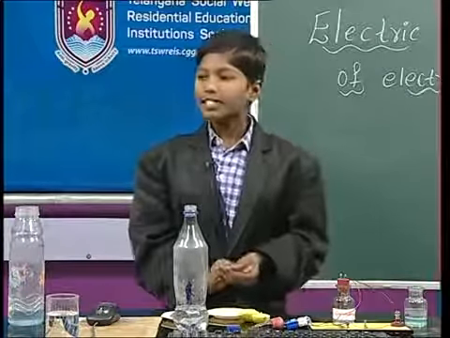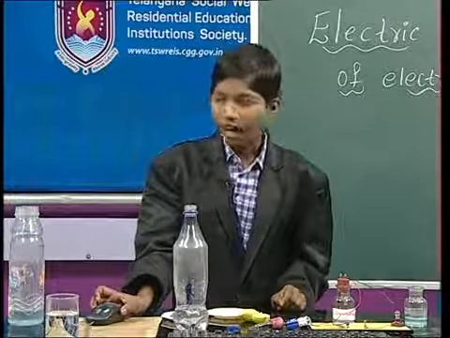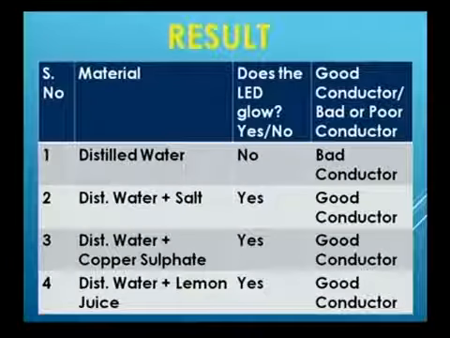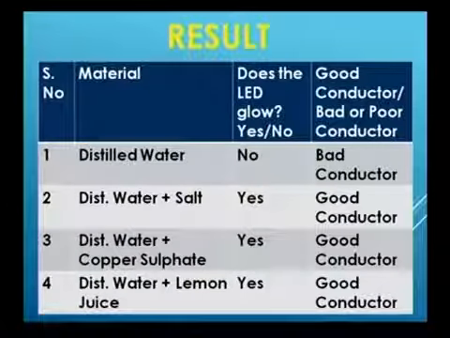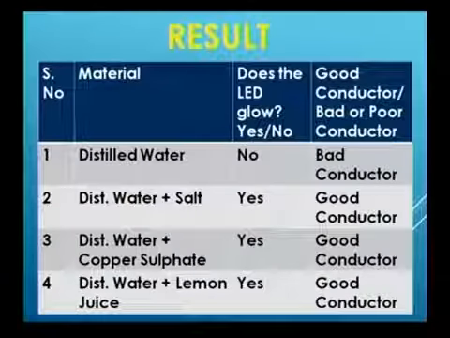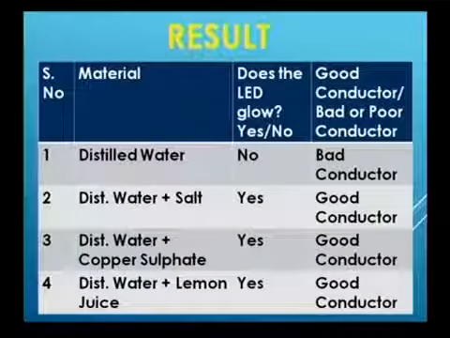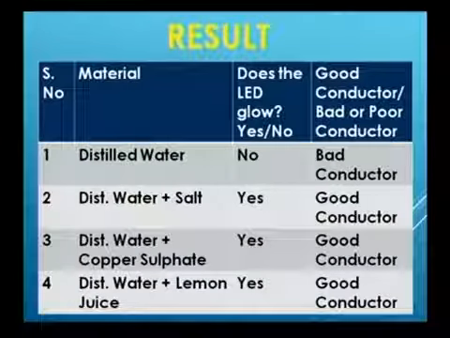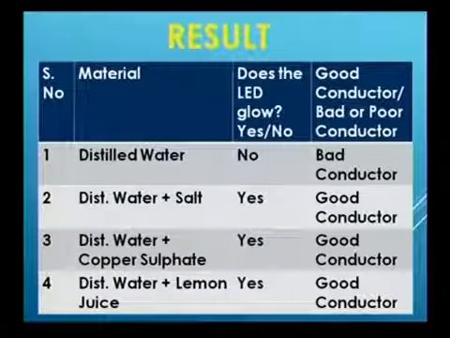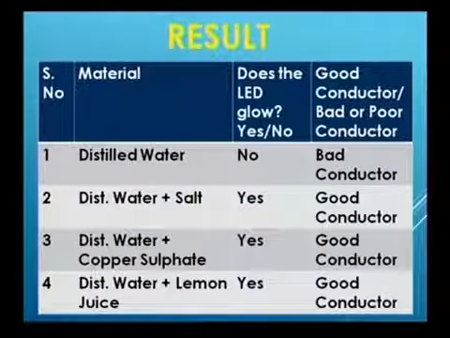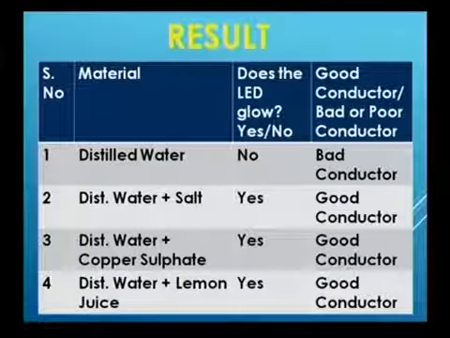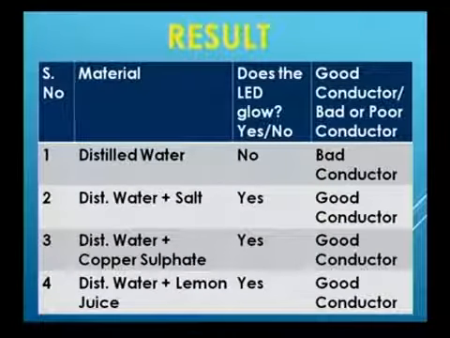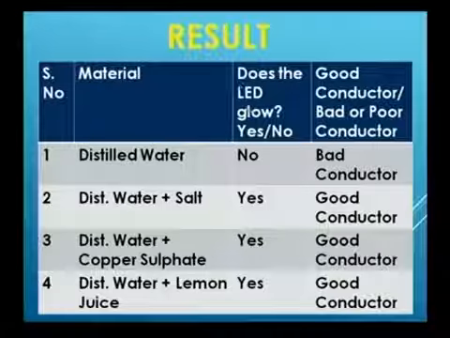Yes. Friends, now we are in the fourth column, that is distilled water with lemon juice. When we add lemon juice to the distilled water, we can observe that the LED bulb glows. What is the meaning of LED bulb, friend? Yes, LED bulb is nothing but light emitting diode. Here, does the LED bulb glow?